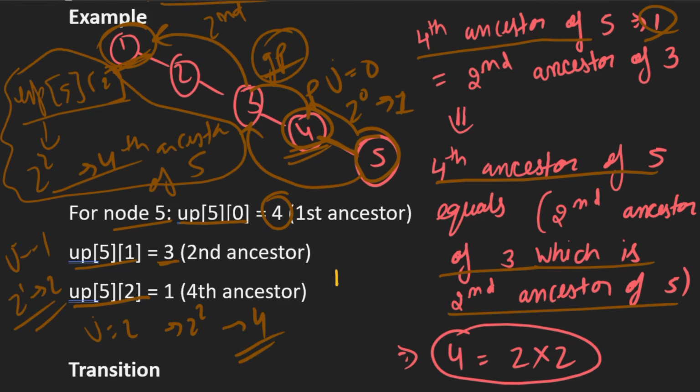So basically what we are doing is dividing 4 into powers of 2, that is 2 into 2. So second ancestor of 5 is 3, and second ancestor of 3 is 1, which is the fourth ancestor of 5.